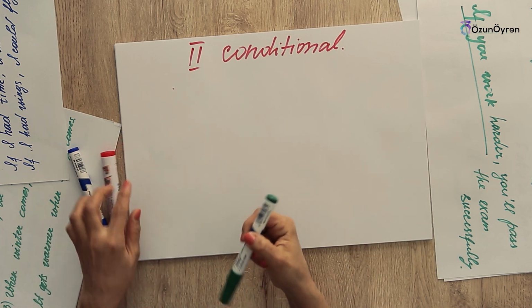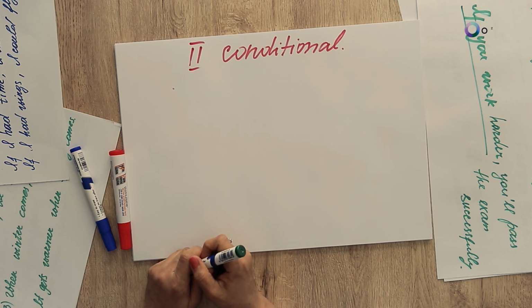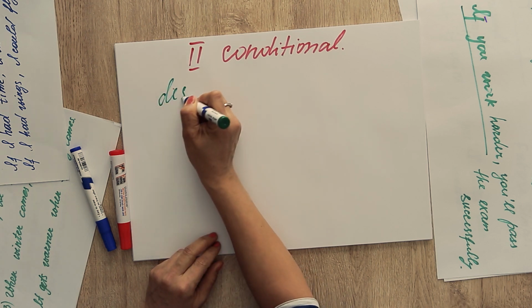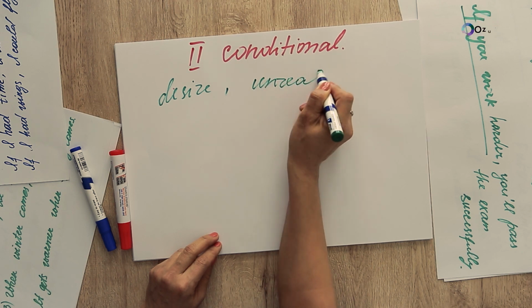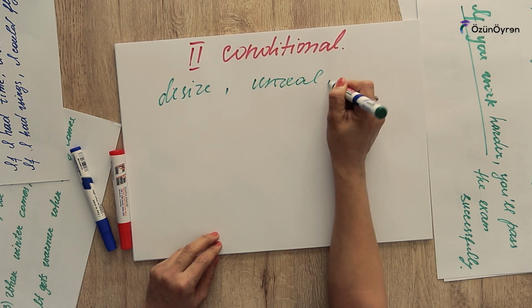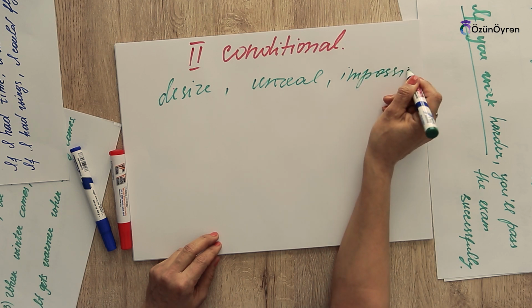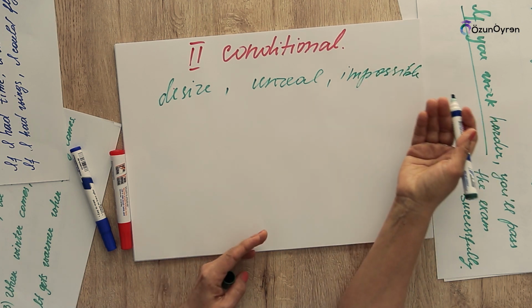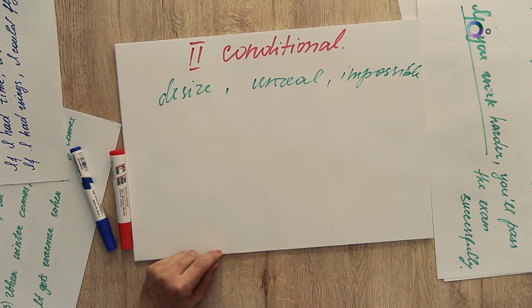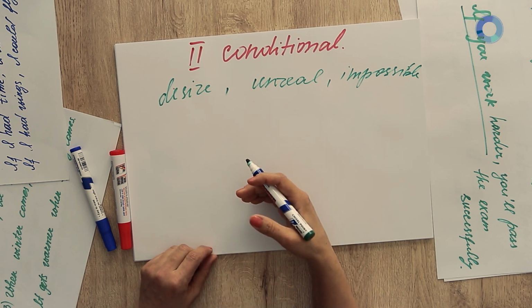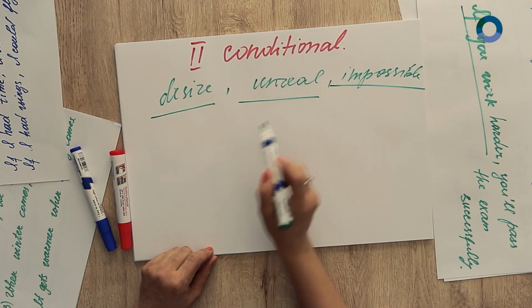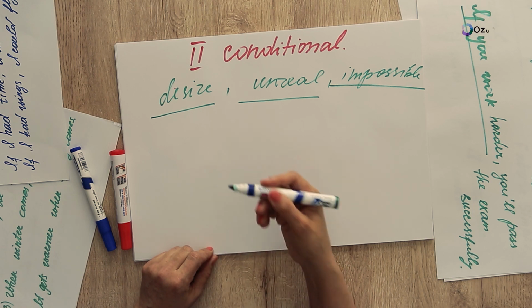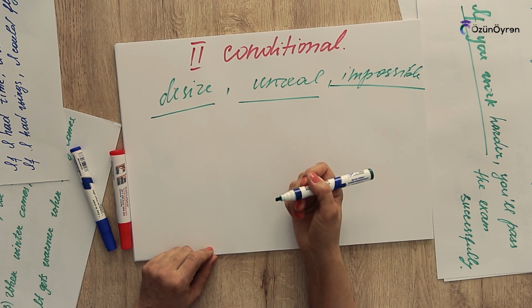Second conditional is used when we desire something, when it is unreal, when it is impossible action in the present time, for example. It is also used in present, but when it is impossible and unreal. So it is used in unreal situations.